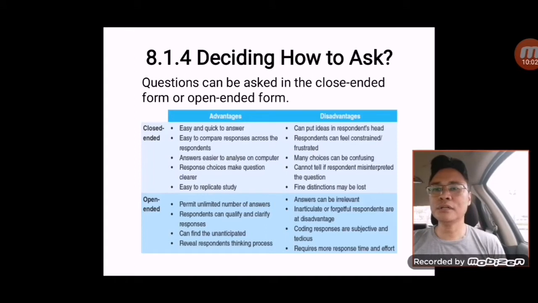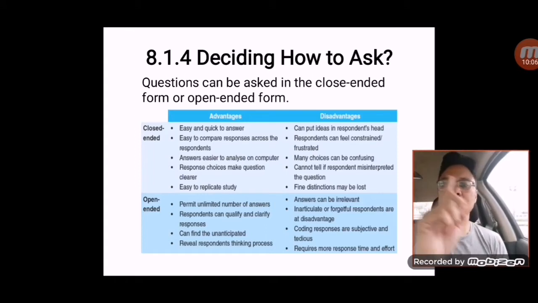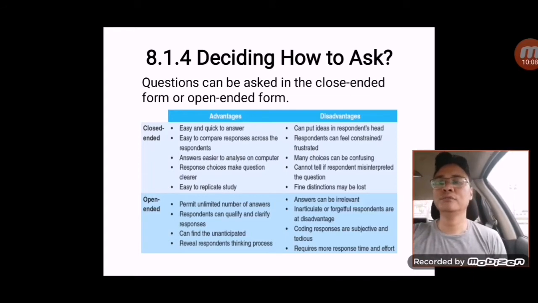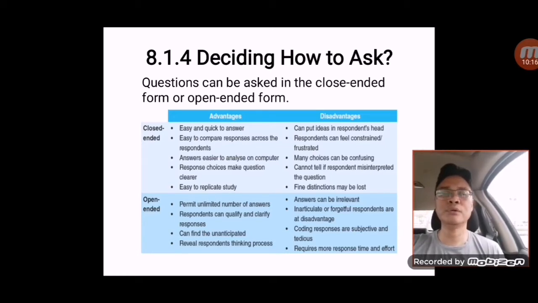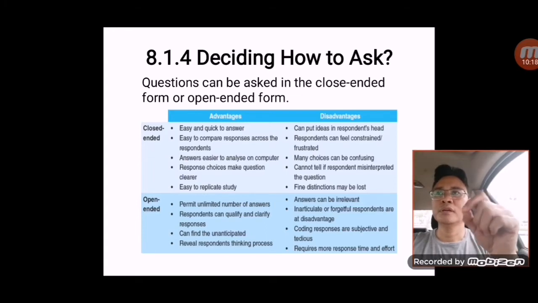Now, deciding how to ask. Advantages, disadvantages. There are some. If you look at the slide, there is closed-ended and open-ended. Closed-ended is easy and quick to answer because you have the options for the respondent to tick, yes or no, right? There is multiple choice or whatsoever.